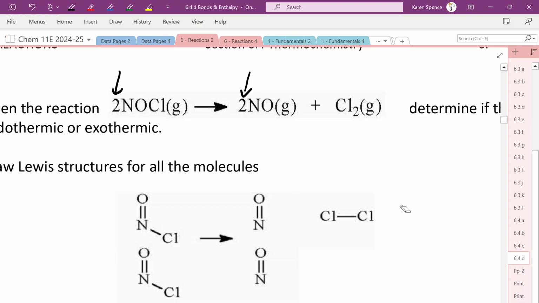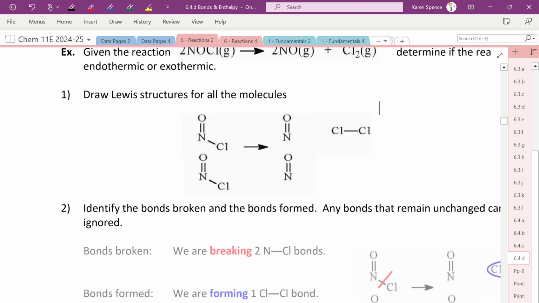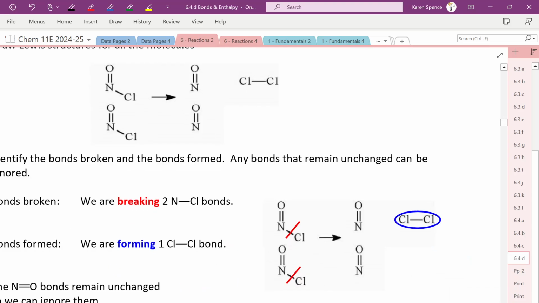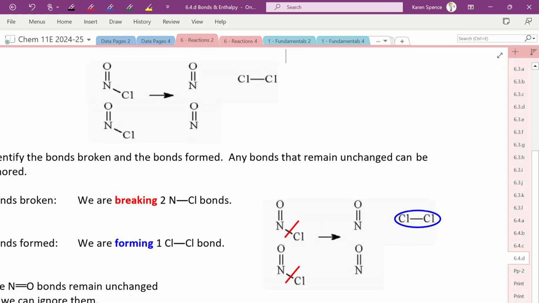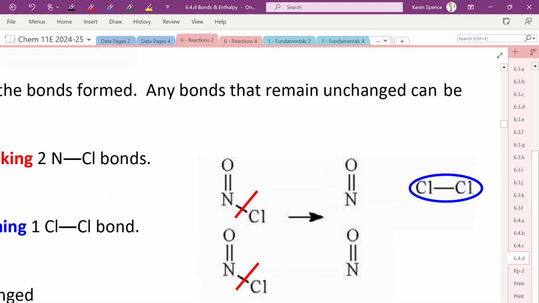So we are going to go through this process, and we're going to say, who's being broken? Well, we're breaking... Now, there's actually 2 ways of doing this, okay? You can ignore the bonds that both break and form.